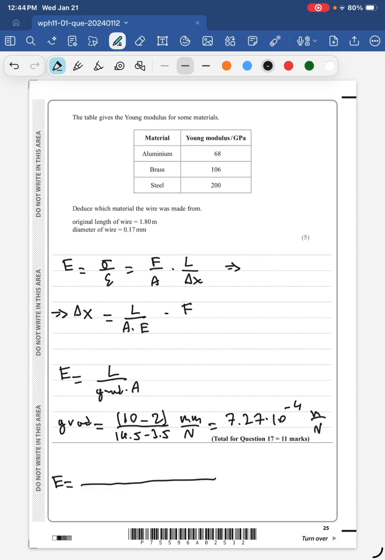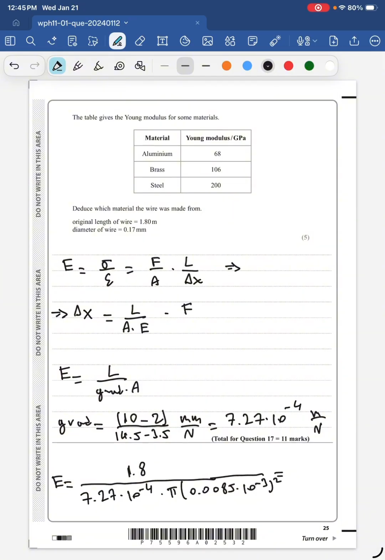Okay, so the Young's modulus should be the length, which is 1.8 meters, over the gradient 7.27 times 10 to the negative 4. And then we need the cross section. They give us the diameter, so pi times 0.085 times 10 to the negative 3 squared.